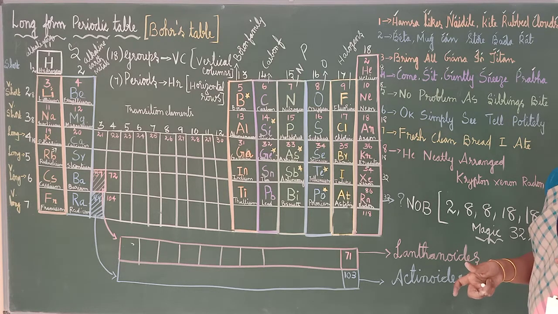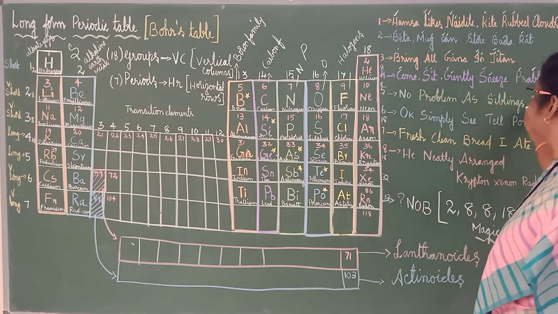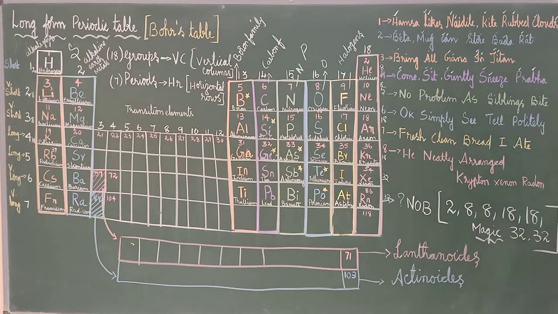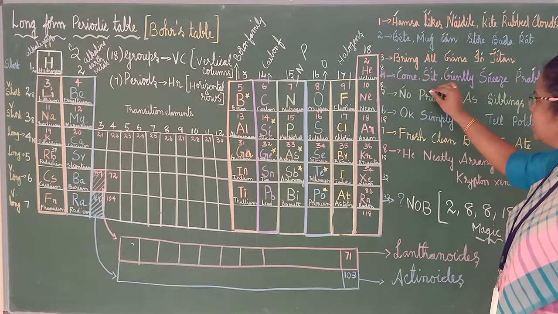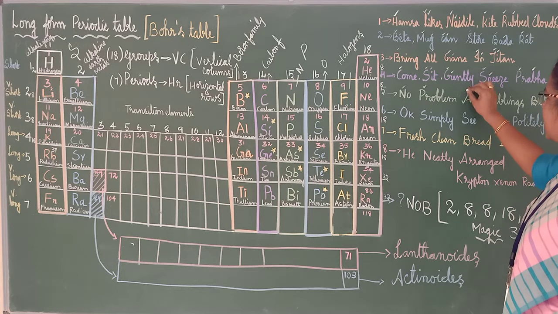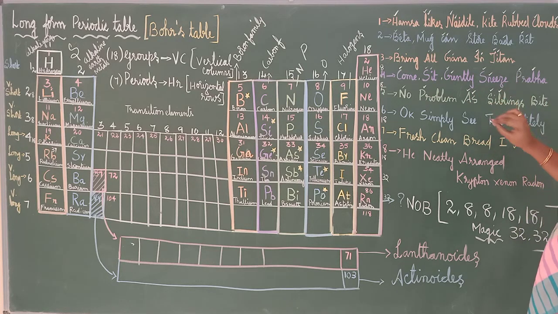But here they are siblings, no, so not a problem. See, no problem as siblings bite. N for nitrogen, phosphorus P, arsenic As, antimony Sb, then bismuth Bi. So how will you remember? No problem as siblings bite.